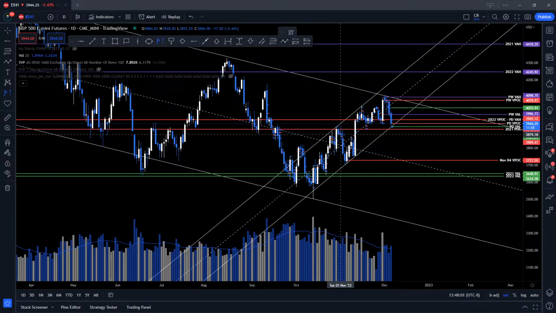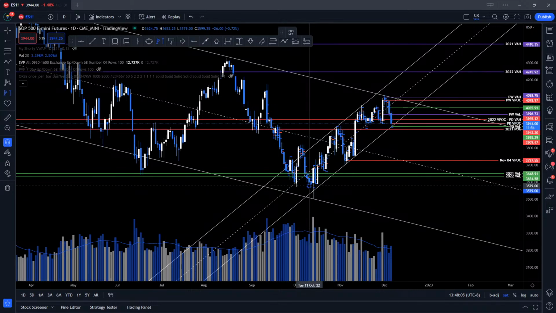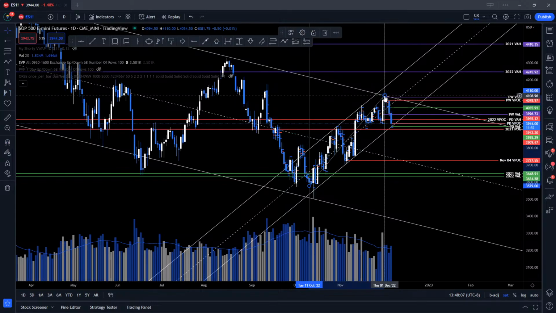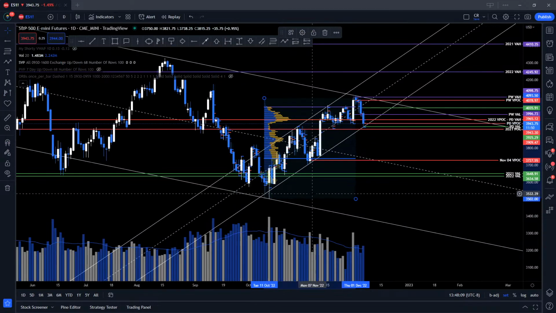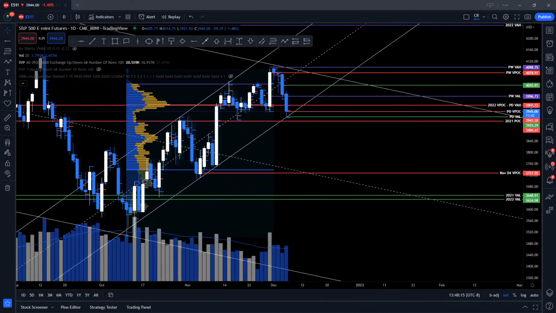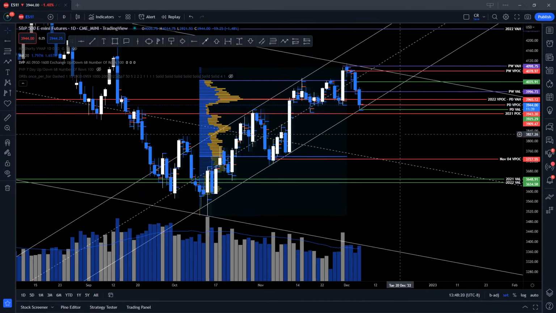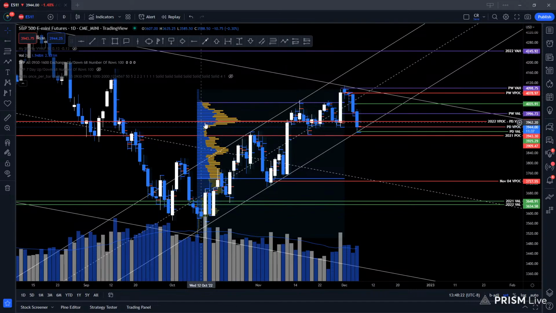So with fixed range volume profile, if you grab the bottom to the top, this is going to show you where buyers are stepping in. So you can see the POC for this.